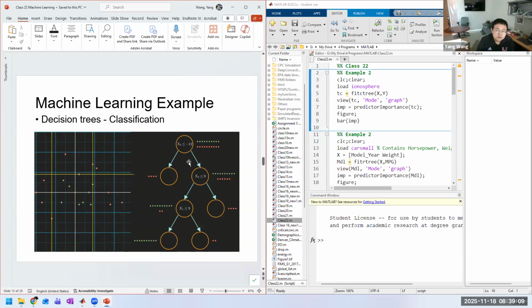So x0 smaller than -12 seems like a good classification, and it generates a leaf node. On the right-hand side, you still have a blob of data, and another criterion we can use is, let's say, x0 smaller than 9, which is a line over here. Then we separate the data on the right-hand side, and you have a pure node of 4 data points, and a bunch of data points over here.